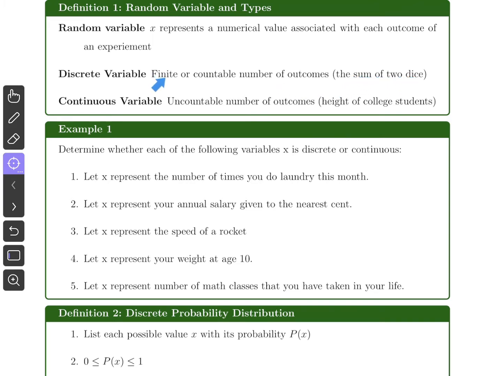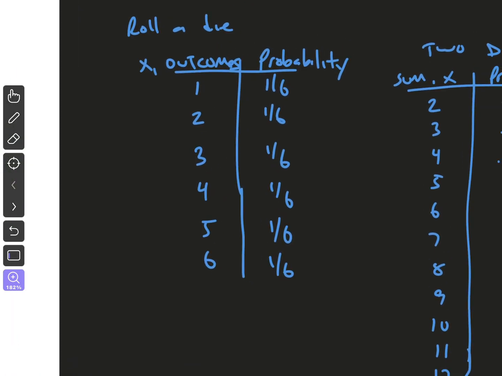Something that is countable, I think we understand countable, right? 1, 2, 3, 4, 5. But when we say finite, it means that there's a limit on the outcomes that can happen in your probability experiment. So here, we have 6 outcomes. That is finite, and you can count them. Over here, same thing. There are 11 different outcomes. So they are finite, and they are countable.